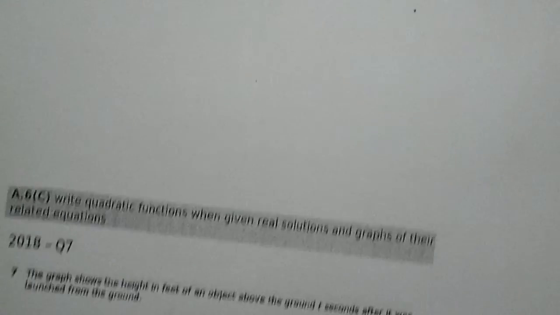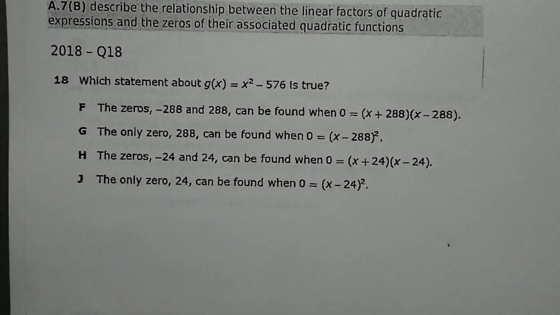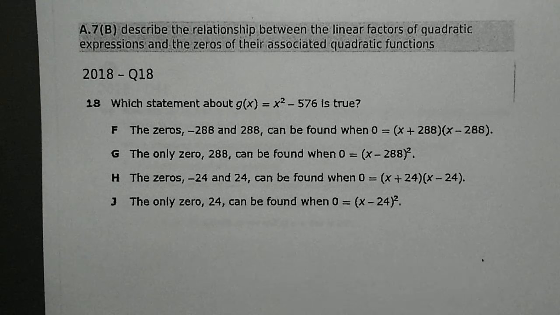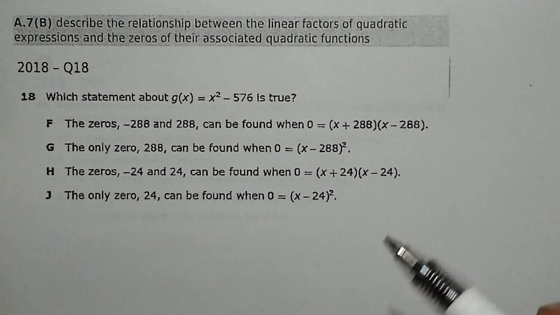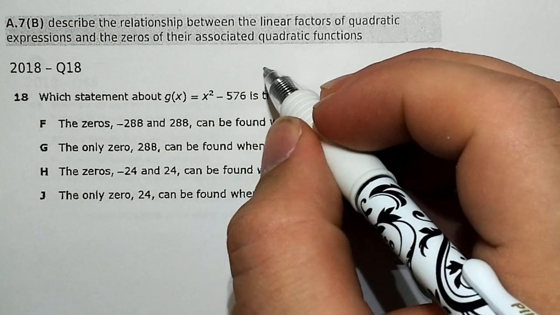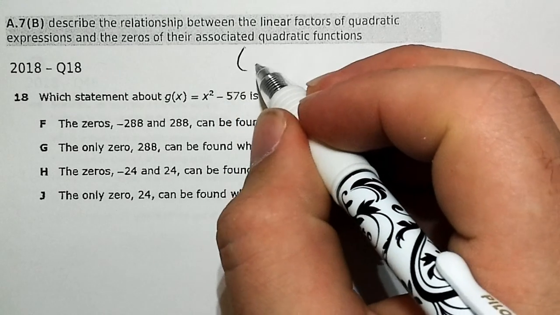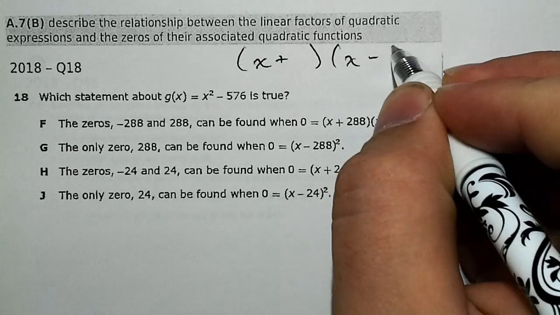Okay, next question. Describe the relationship between the linear factors of a quadratic and the expression in their zeros. Well, this one, remember, to get a quadratic, it should factor into two factors, like x plus something and x minus something, right?